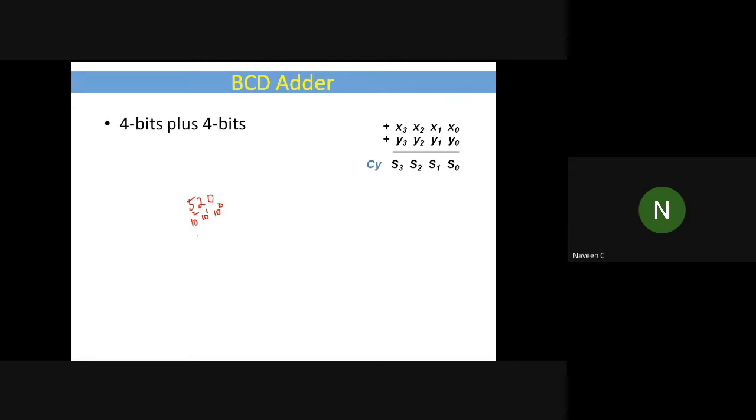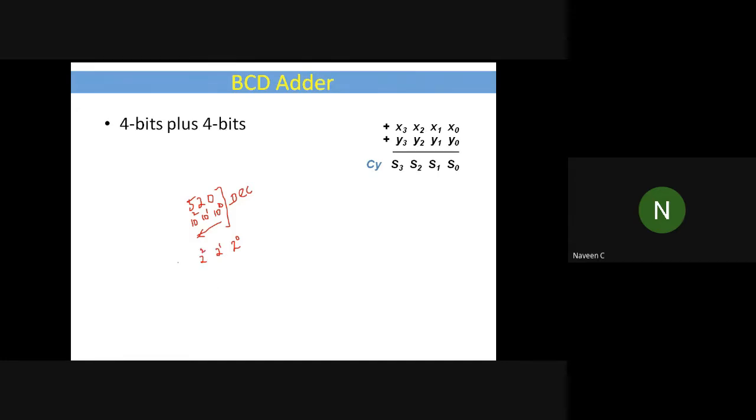Means this is 500, this is 20, this is 0. Whenever you move from right to left, like this only we are framing the decimal values. This is a decimal number. If it is a BCD number, we will write it in the form of powers of 2. Binary numbers are also all powers of 2: 2 to the power of 0, 2 to the power of 1, 2 to the power of 2, like that the weightage will vary.